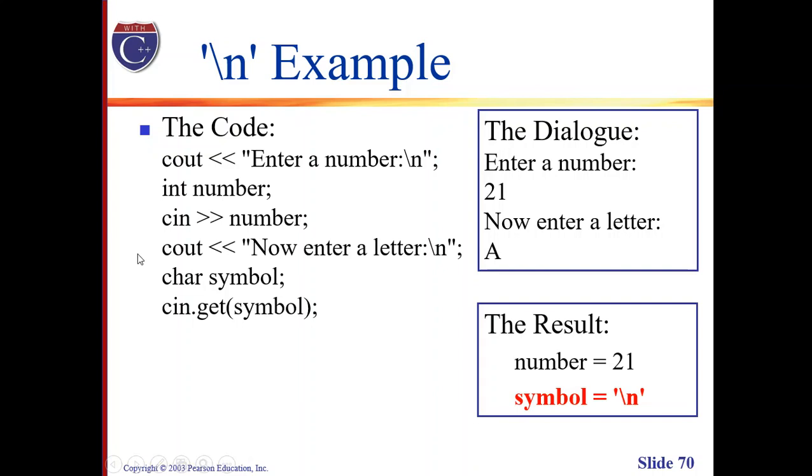Then we will output another one, in this case a prompt which asks the user for an input of character data type. So if we are going to run this, this is what will happen: a comparison between cin extraction operator and cin.get function. So this is what happened.